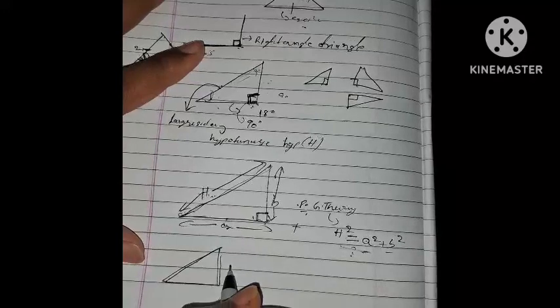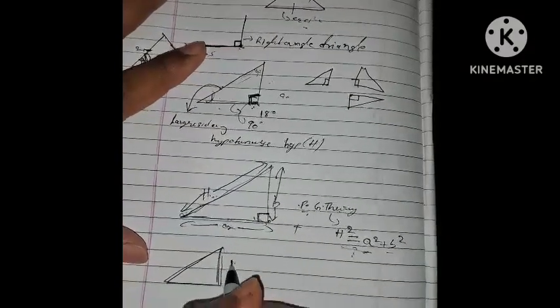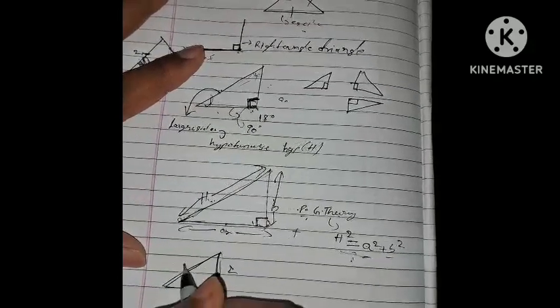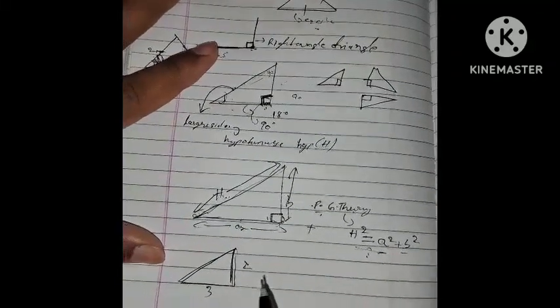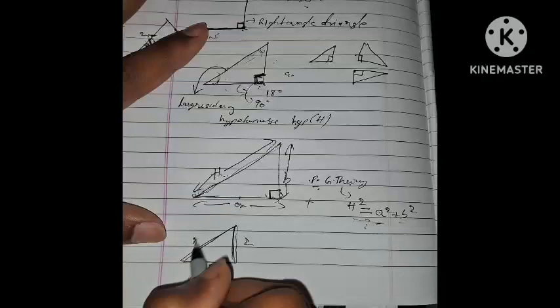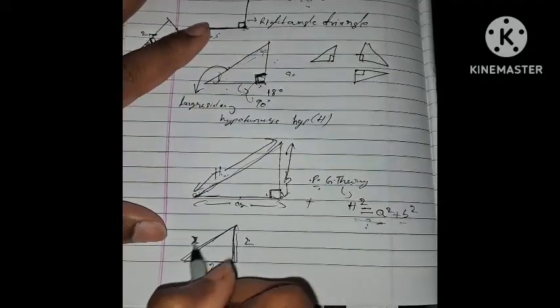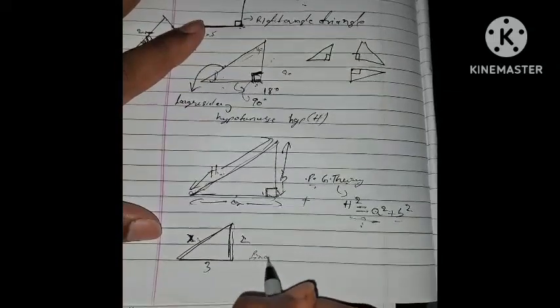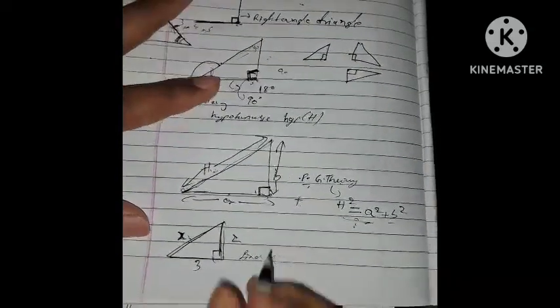Okay, so let's take 2, 3. Let's say this side is x, you have to find x. This is a right angle triangle.